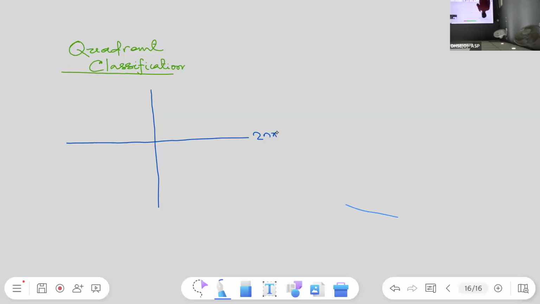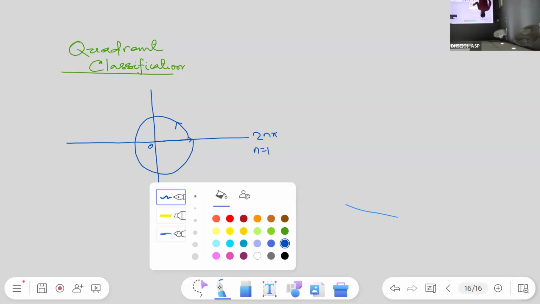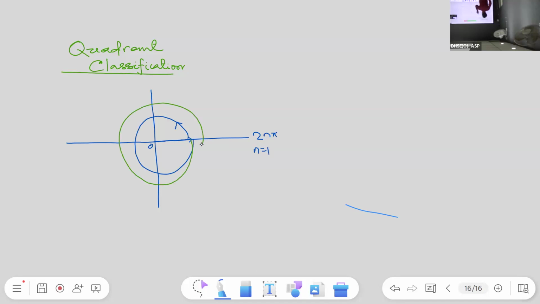If the revolving line or rotating line rotates about O in the anti-clockwise direction and completes one rotation, you will take n equal to 1. If that revolving line rotates about O and completes one revolution in the clockwise sense, then you will take n equal to minus 1.